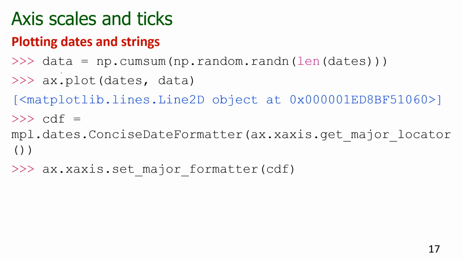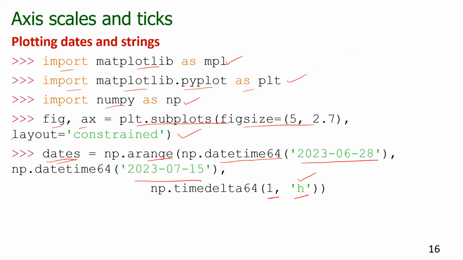Then taking data with the cumulative sum of the random numbers of the dates, then ax.plot of dates, data. Then define concise date formatter stored in CDF, which will be available in the MPL library, that is directly Matplotlib as MPL.